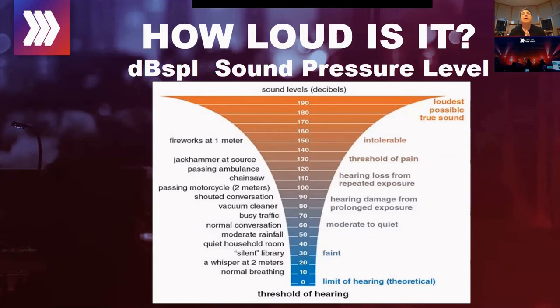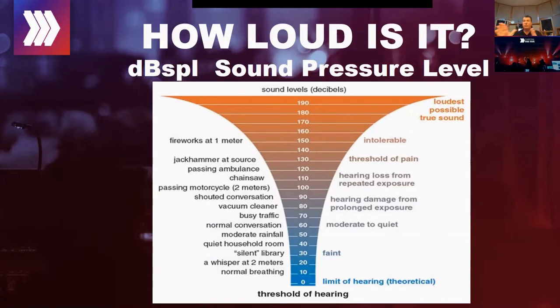Look at the scale here as I'm talking right now. I'm talking roughly normal conversation, which was roughly around 65, 70 dBspl. If I go to a loud rock concert and the engineer's mixing too loud, that gets up to around 115, 120 dB.